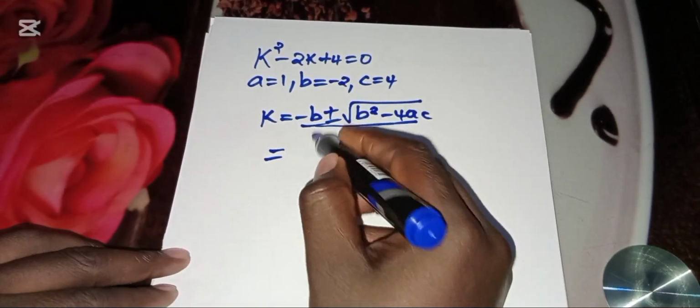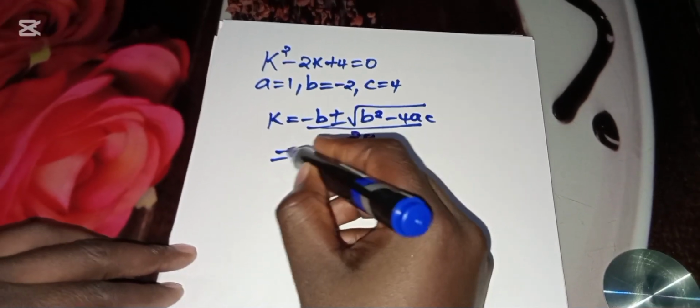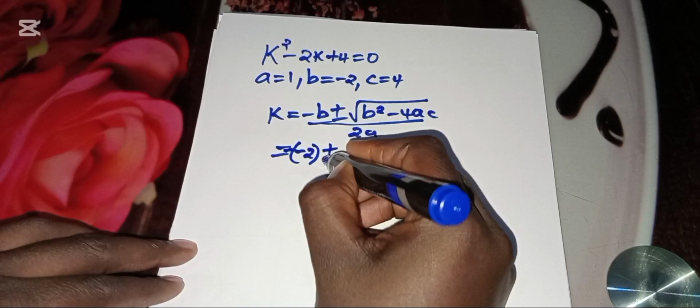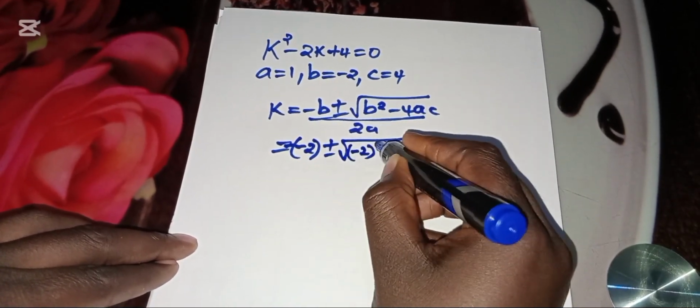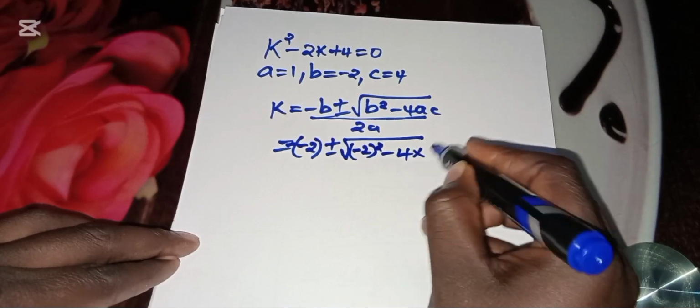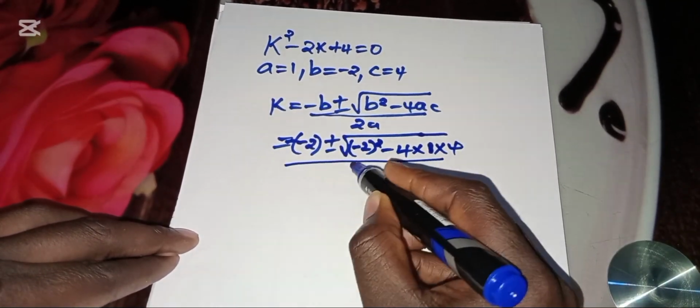So you're going to have negative times -2, plus or minus the square root of b squared, which is -2 squared, minus 4 times 1 times 4, divide everything by 2.